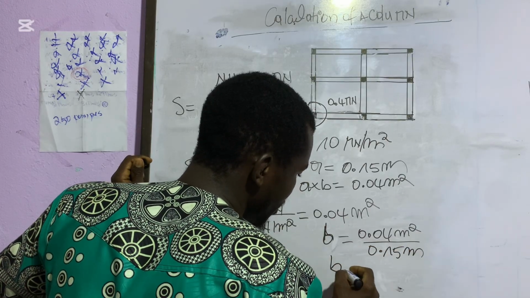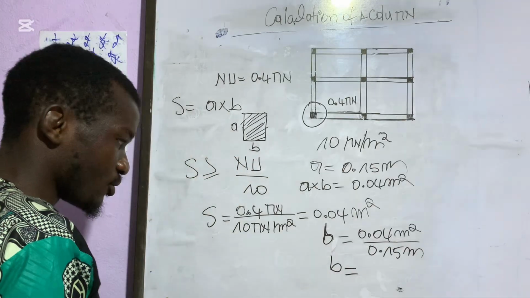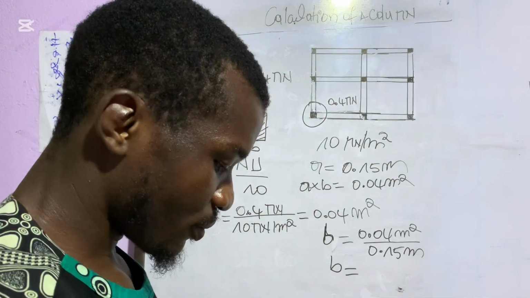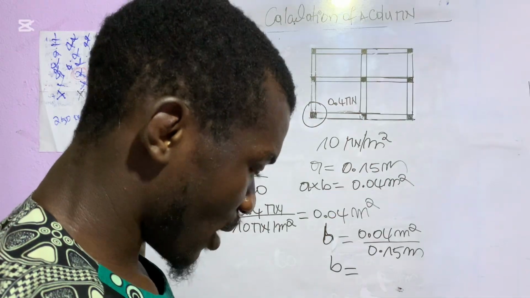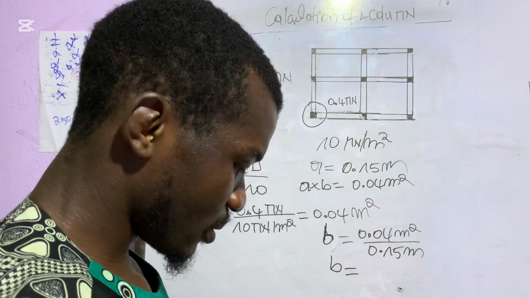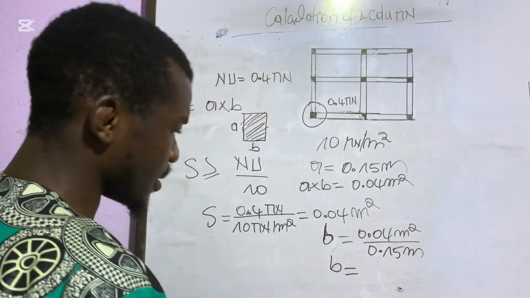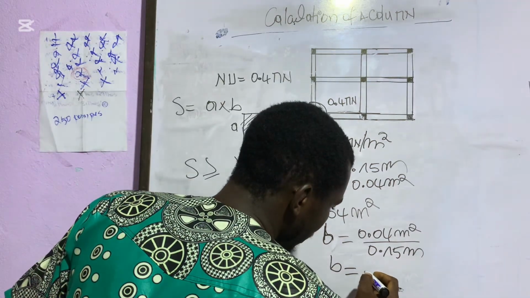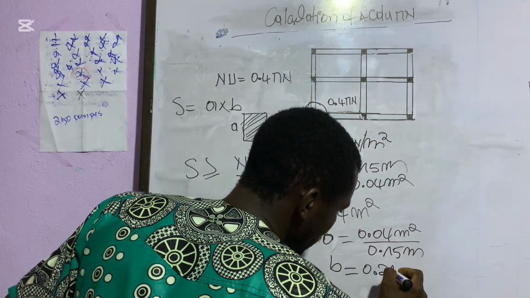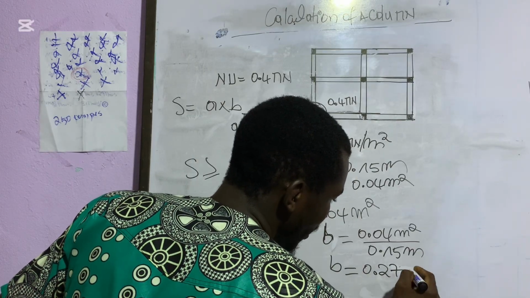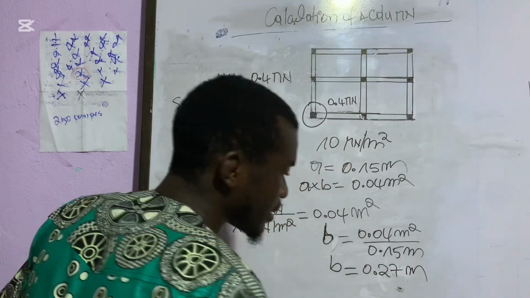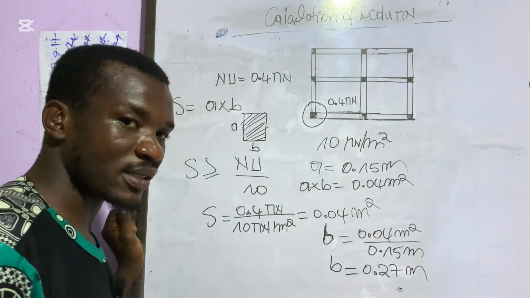Punching in 0.04 divided by 0.15, we obtain 0.26666. Because of that 0.666, we will just round it up to 0.27 meter.